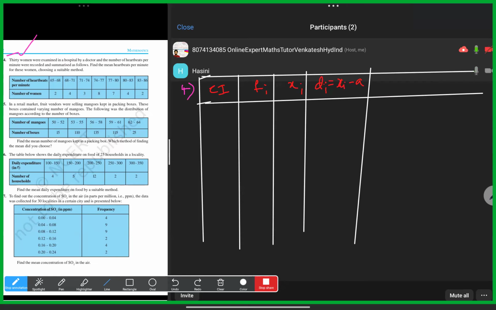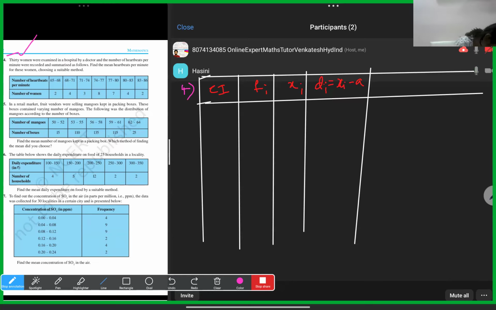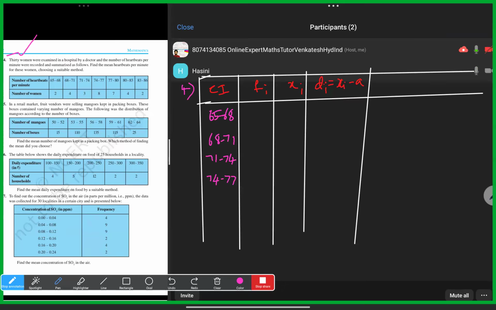Okay, Hasni. Now I'm writing the class interval values: 65 to 68, then 68 to 71, then 71 to 74, 74 to 77, Hasni, 77 to 80, 80 to 83 and 83 to 86.